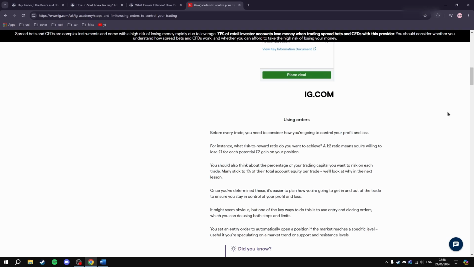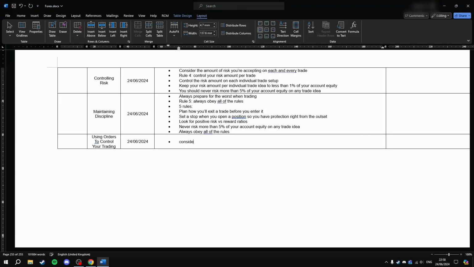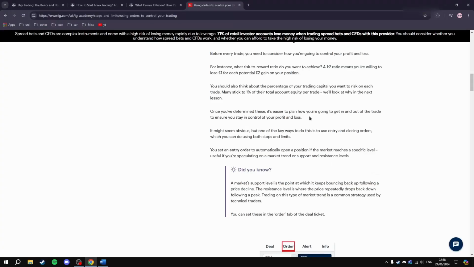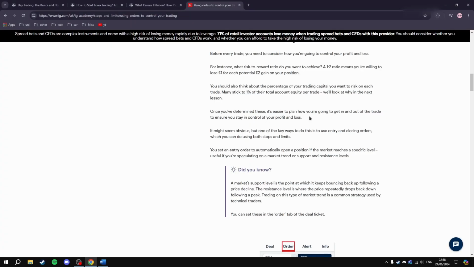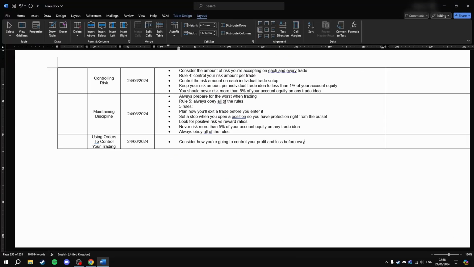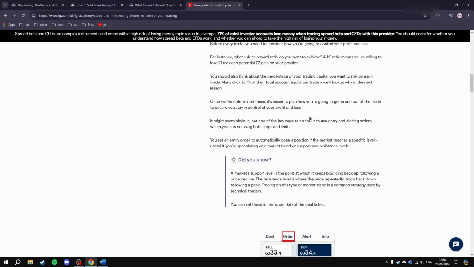So, using orders, before every trade you need to consider how you're going to control your profit or loss. For instance, what risk to reward ratio do you want to achieve?